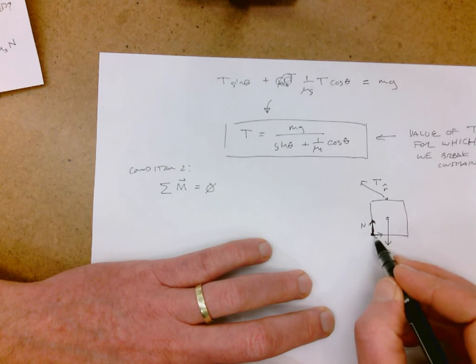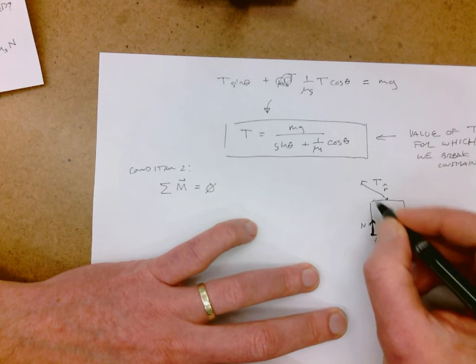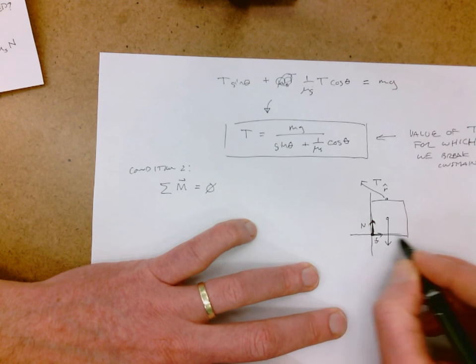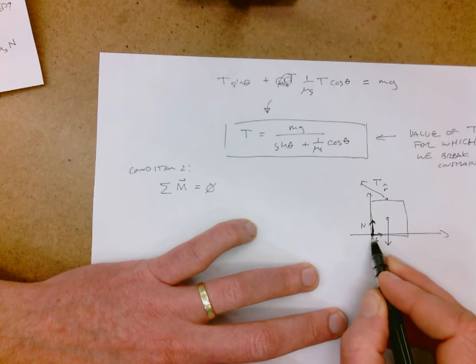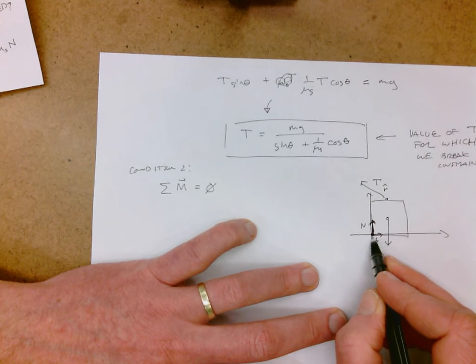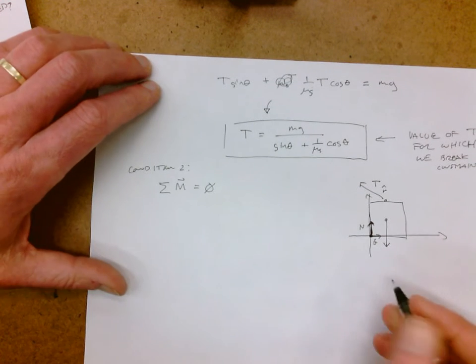So we're going to think about that condition for calculating the sum of moments. And what I'll do is choose to put my origin at the location where the unknown forces are, because that will allow me to calculate the moments much more easily.